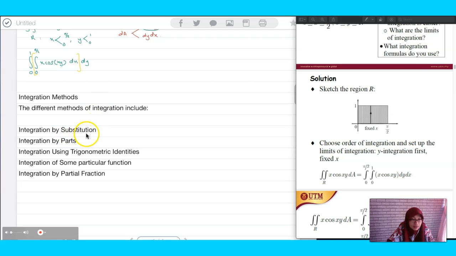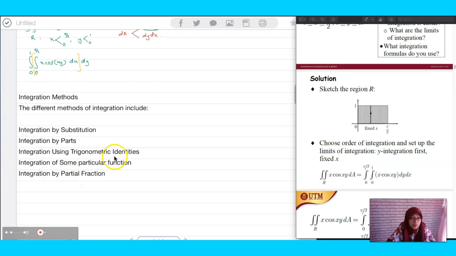The methods we can have are substitution, by parts, or maybe you need to simplify your integrand using trigonometric identities, and then also, if you cannot directly integrate, you can rewrite that function into some particular function and from there you can integrate, or you can use partial fractions.